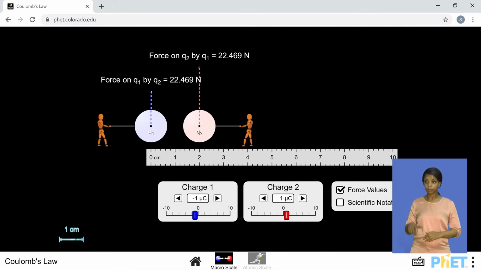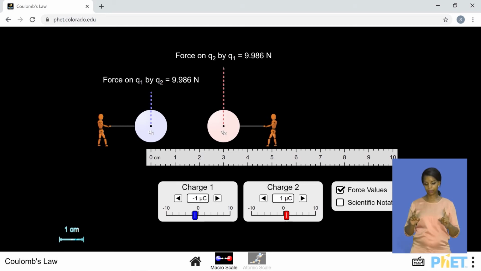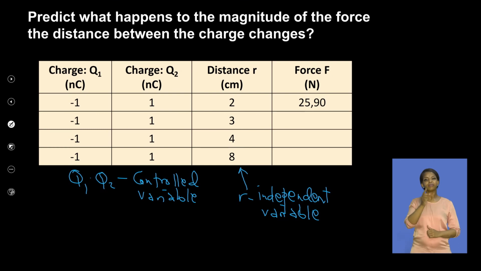So the distance must be 3 centimeters now. What exactly happens? There is the force. Now the force is 9.986. We have made the distance 3 centimeters between Q1 and Q2, right? So that is 9.9. So if we go back to our table, this gives us 9.9 newtons, right? So there's a decrease there.